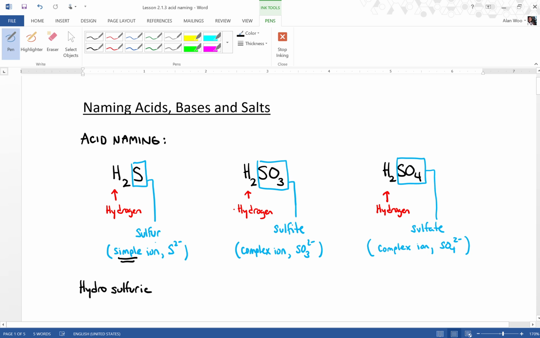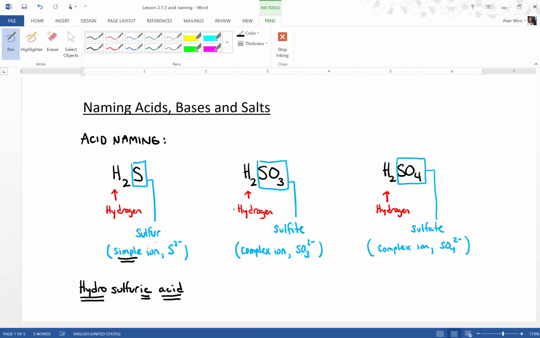And because it's an acid, we use the name acid at the end. So we need to put in hydro, the root name of the element, in this case sulfur, so sulfur becomes sulfuric, and then finally adding the word acid. So H2S is hydrosulfuric acid.